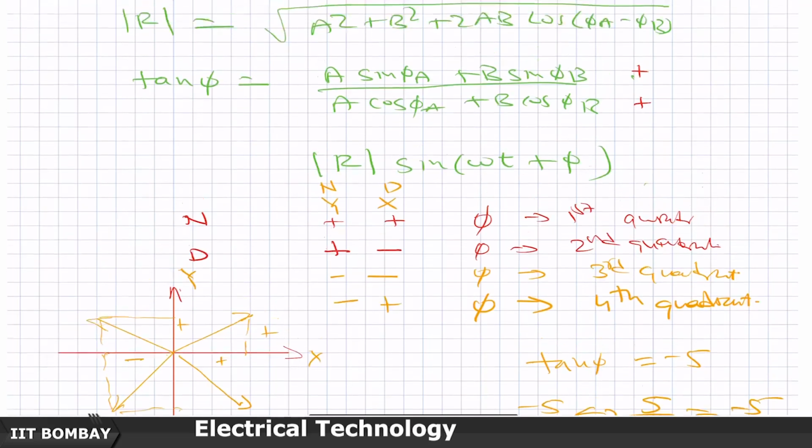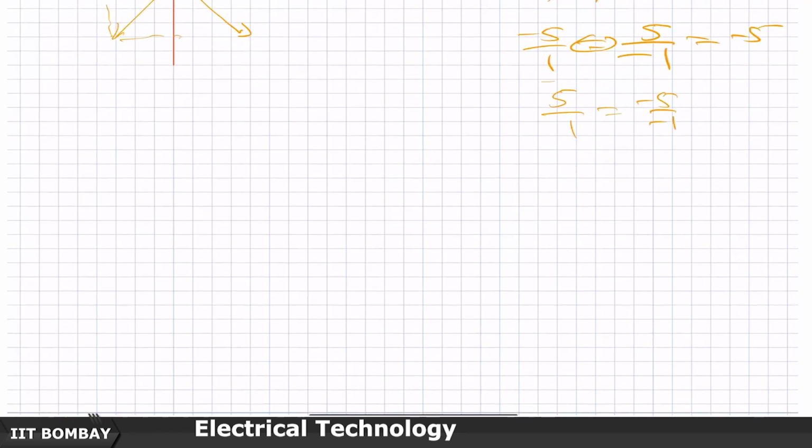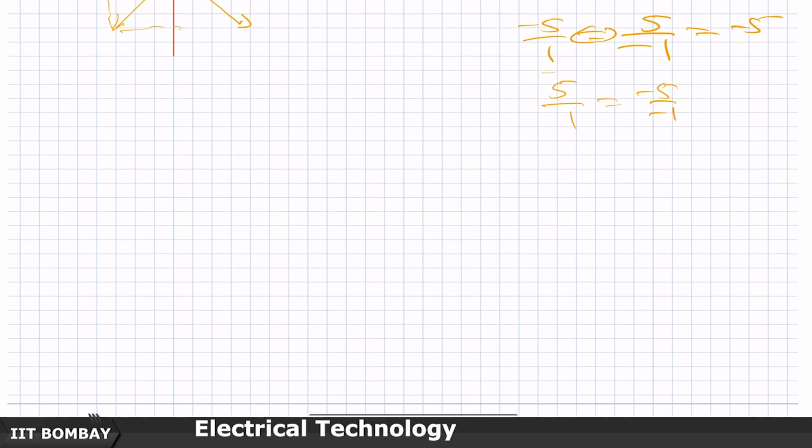So therefore, whenever I write tan phi, please write the correct signs for the numerator and denominator so that you can place the vector in the right quadrant. And once you have placed the vector in the right quadrant, then you can apply this and rewrite the algebraic form of the time domain representation of the sinusoid.